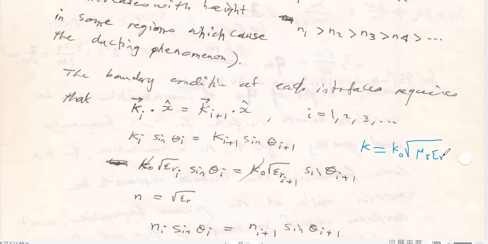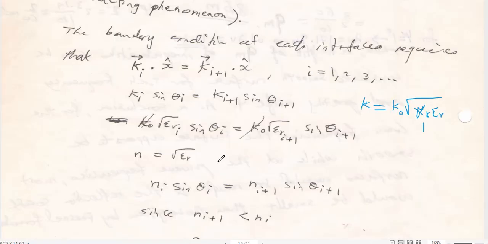Since the atmosphere does not have magnetic properties, we end up with k equal k naught root epsilon r, with i and i+1 for the layers. From this equation, n is root epsilon r.